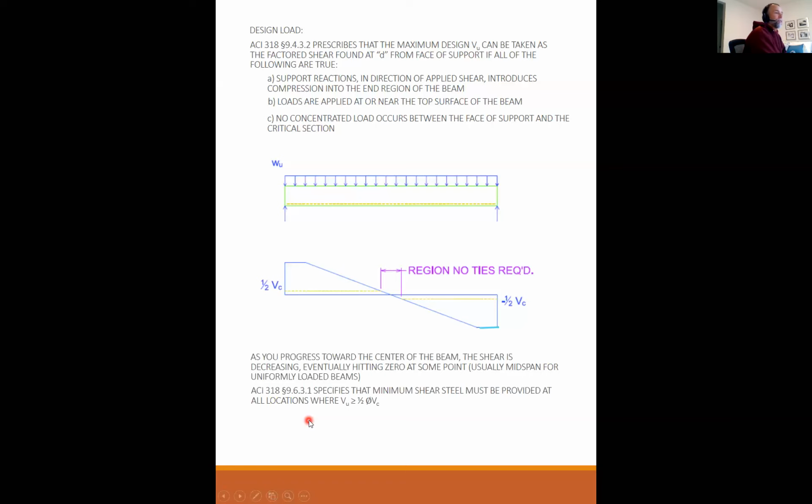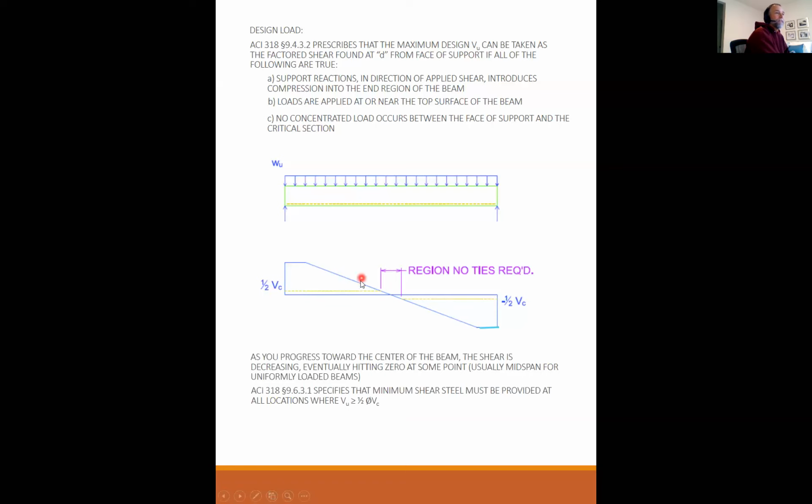ACI 9.6.3.1 specifies that the minimum shear steel must be provided at all locations where VU is greater than or equal to half of phi VC. This line right here represents half of phi VC.